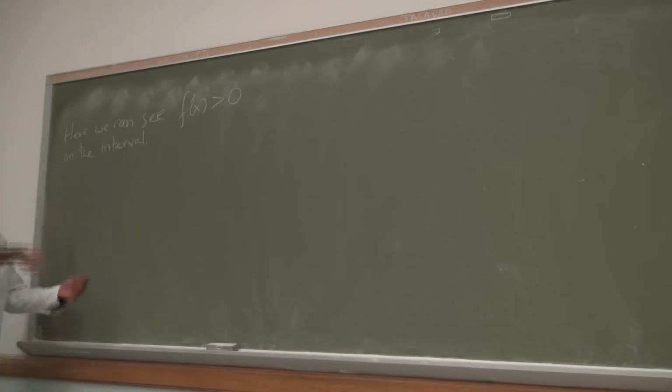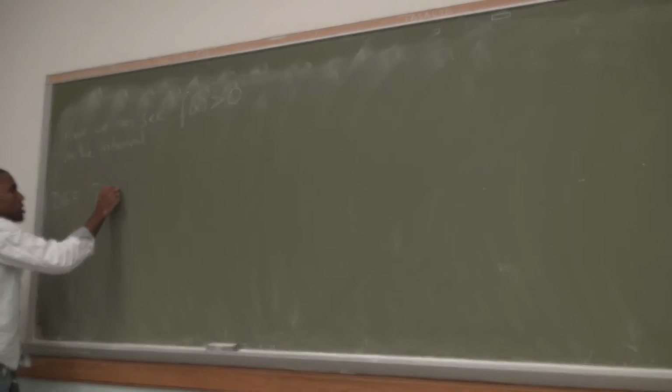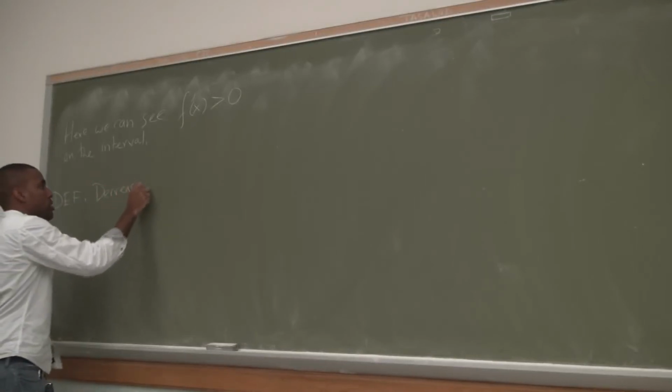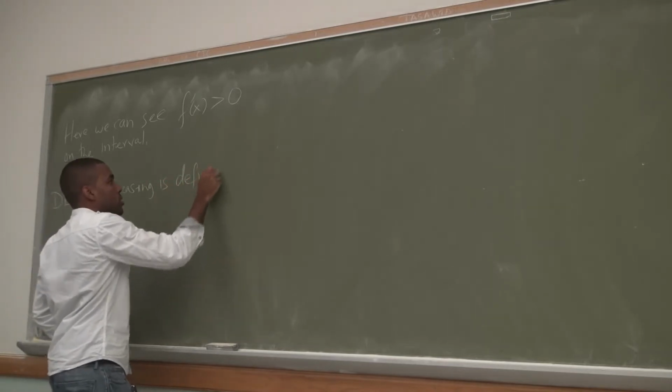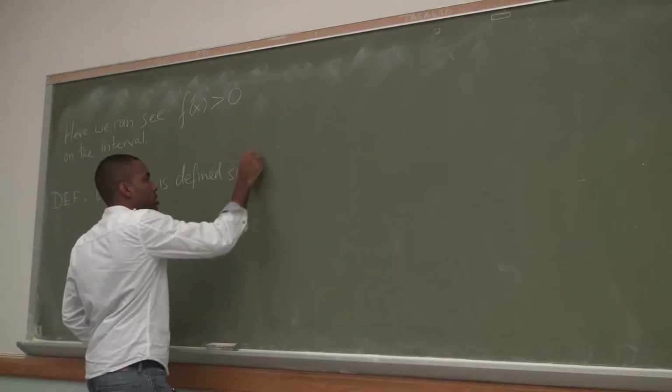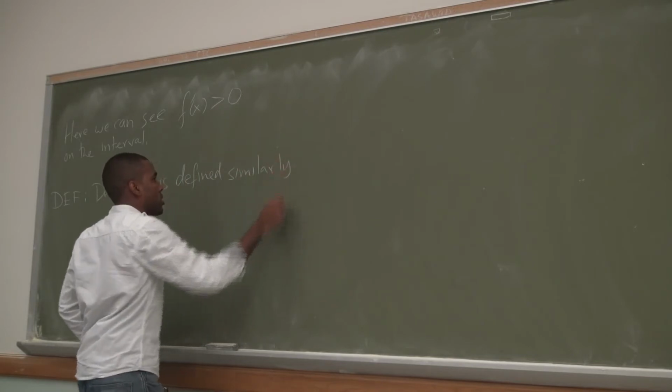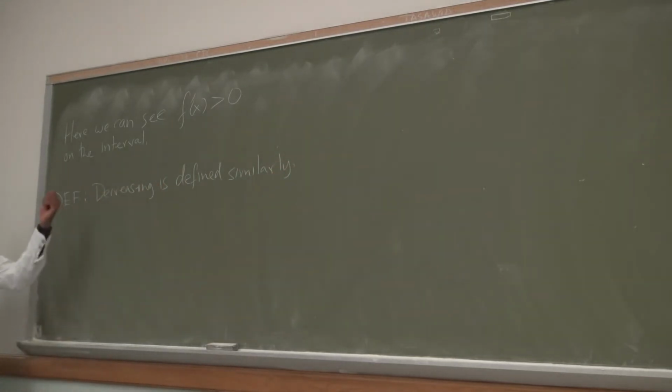Because the graph is moving up as you go from left to right, that gives you a positive slope. Similarly, your y value gets smaller as you go from left to right.